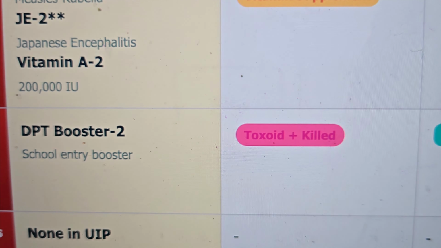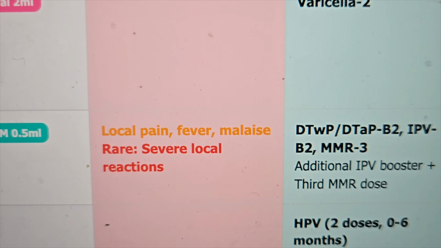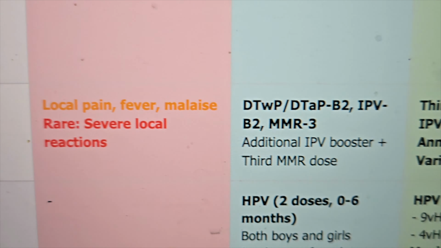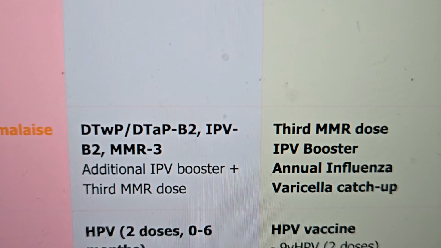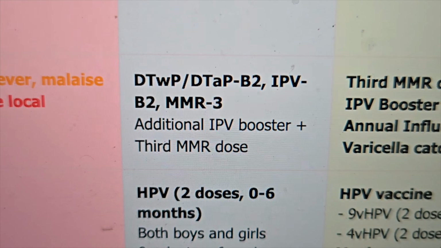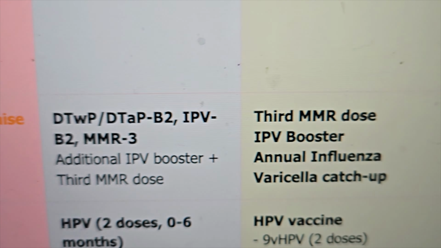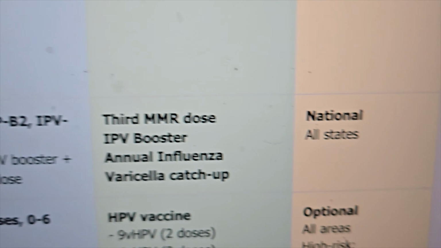Basically it is the 5th year we used to give. It's a toxoid killed vaccine, IM 0.5 ml, local pain, fever. And if you take the IAP schedule, here it is DTwP, DTaP B2, IPV B2, MMR third dose is given, additional IPV booster, third MMR dose is given. So these two are actually optional vaccines.